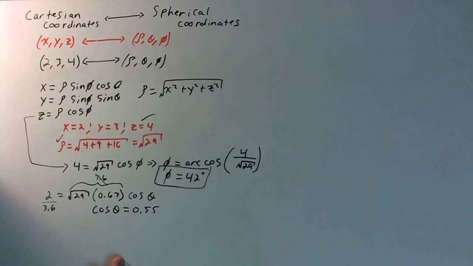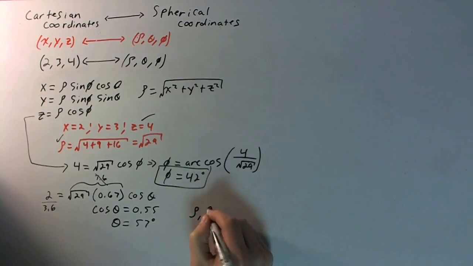So then we take the arc cosine of both sides, so the arc cosine of 0.55, again in degrees, so theta is equal to 56.6 degrees. Actually, just for the sake of argument, let's just say 57 degrees, to make it easier.